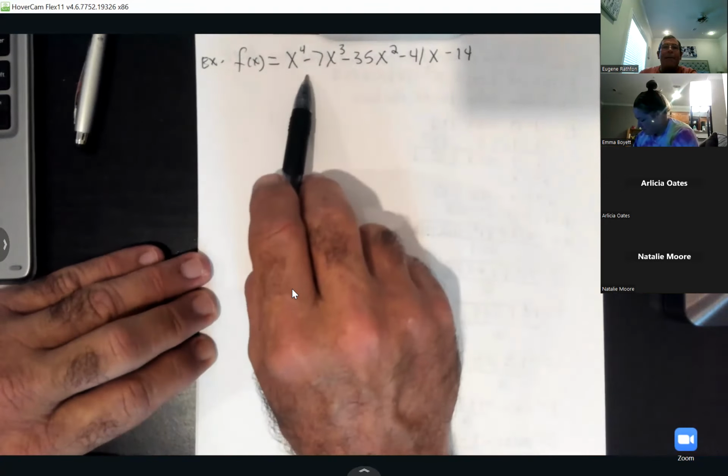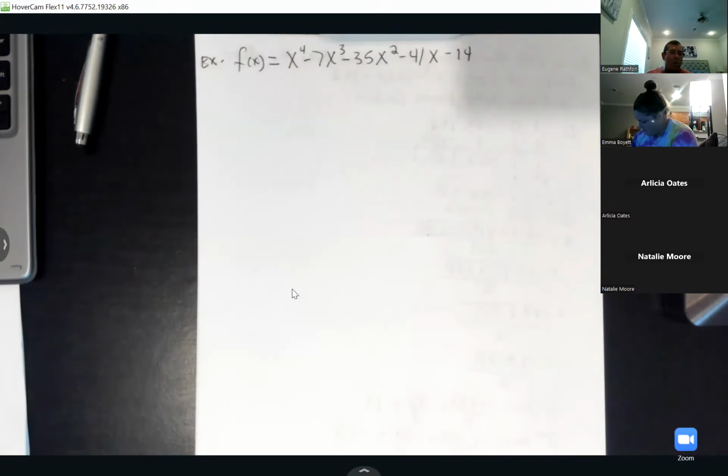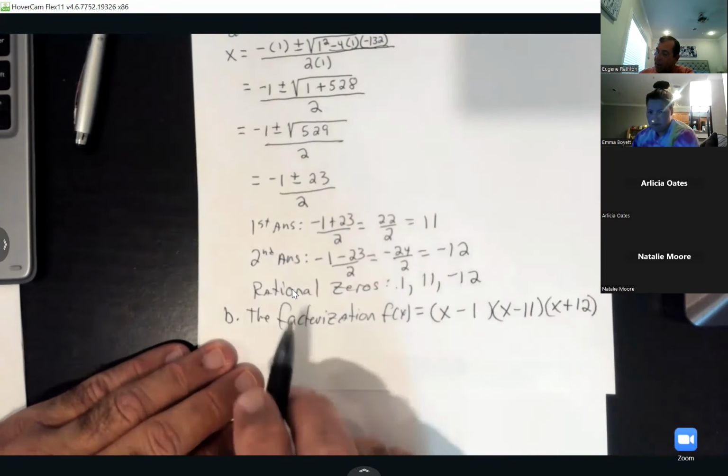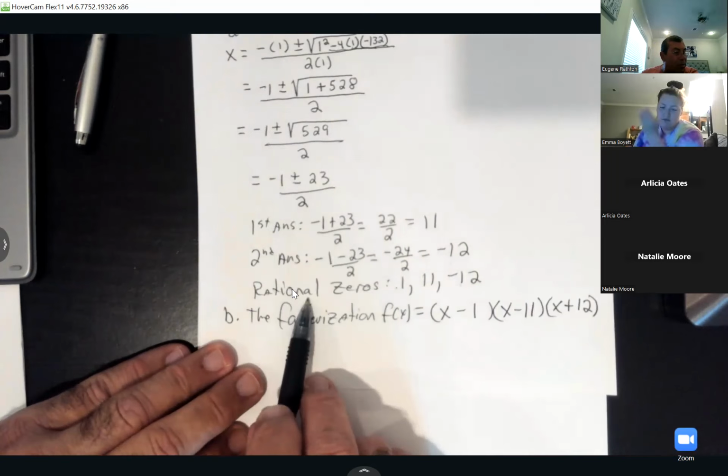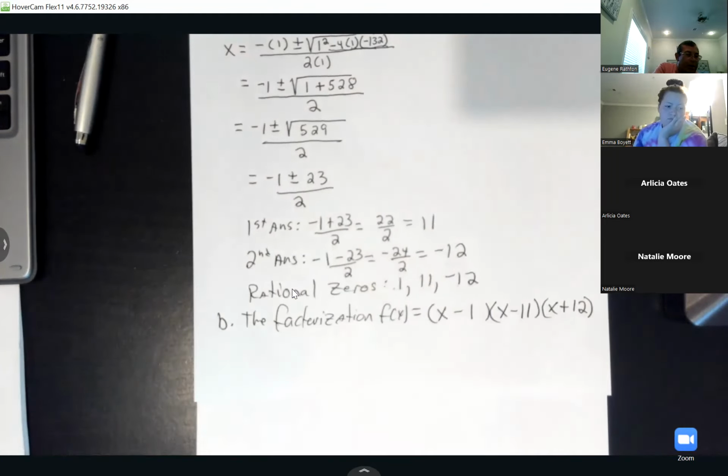Can you show us how to put it in on MATLAB? Oh, well, MATLAB, it'll just have the answer like I just had over here. MATLAB will say rational zeros. So MATLAB's giving you, let me show you right here.